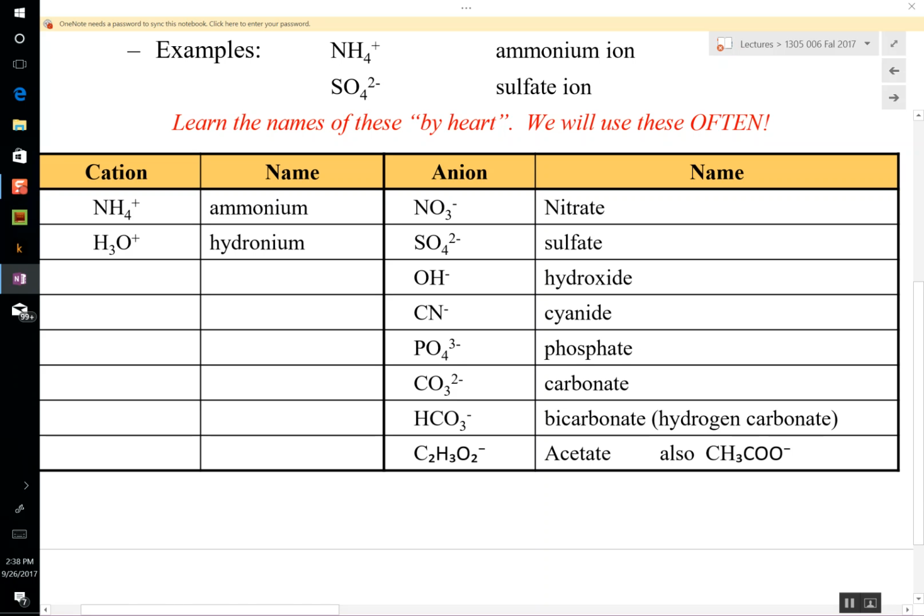So what is that going to be? Oh, parentheses? Okay, ammonium sulfate. Sulfate ion is a -2 ion. The ammonium ion is a +1 ion.